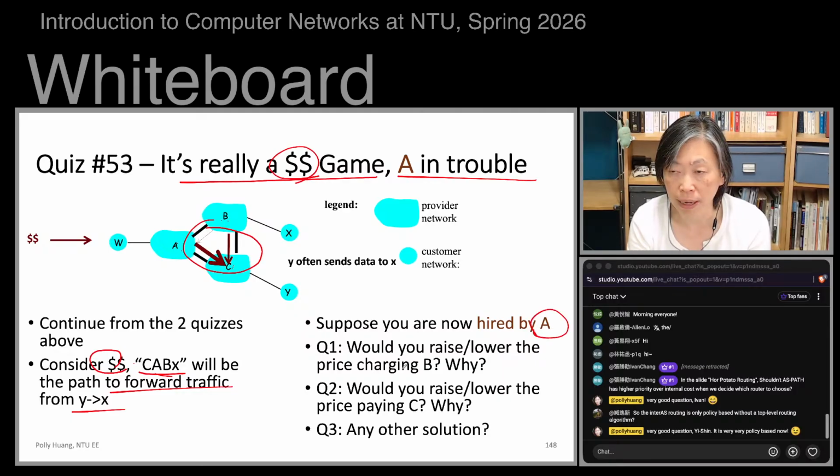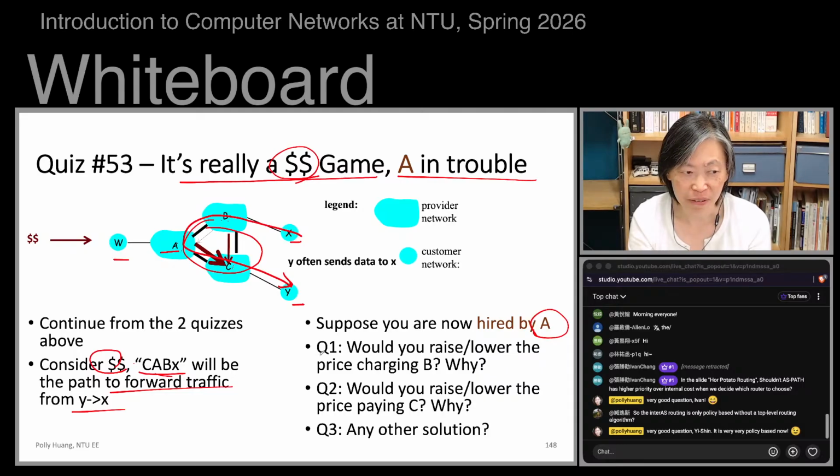If you are hired by A, A is here. Uh-oh. B is paying A, but A is paying C a lot more. Hey, it doesn't make sense. If A allows traffic to go this way, for every bit it transits, A is losing money. Ouch. And X and Y are none of them my customer.